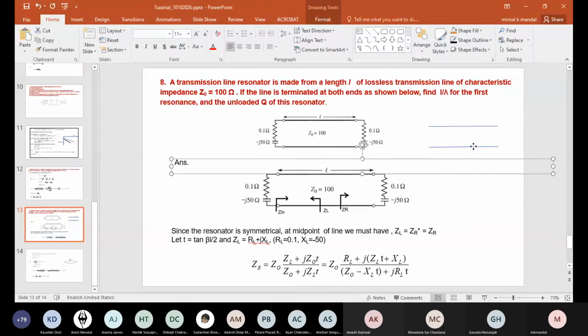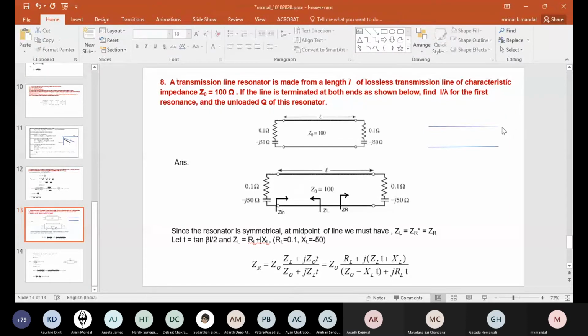Now, for all the resonance modes, if this end condition is the same, that means if left side is open, right side also open. If left is shorted, right is also shorted. Not that one short, one open.